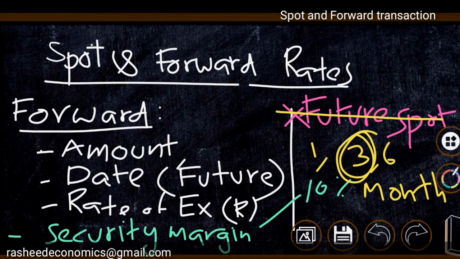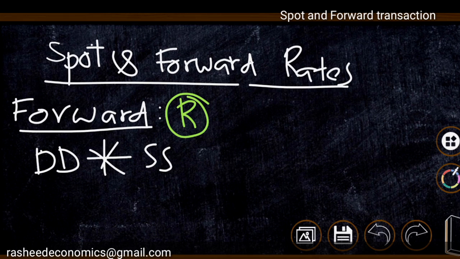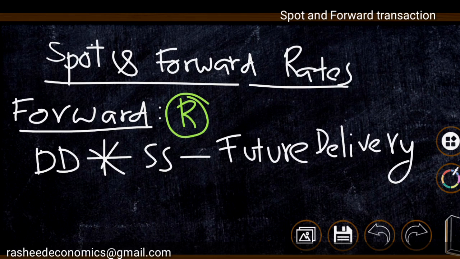The exchange rate which is applicable to this forward transaction is termed as the forward rate. This forward rate is determined in a similar manner, that is, demand intersects supply of foreign exchange for future delivery. That is, at present we are calculating an exchange rate which is applicable to a future transaction.